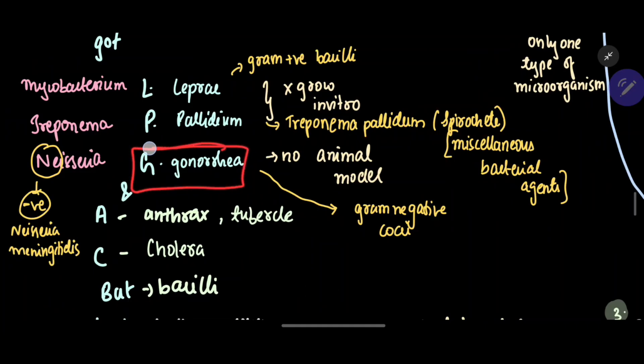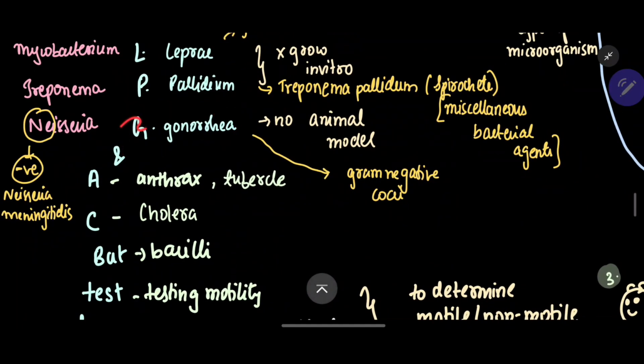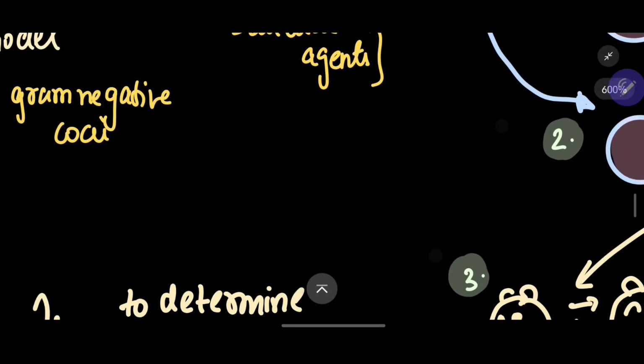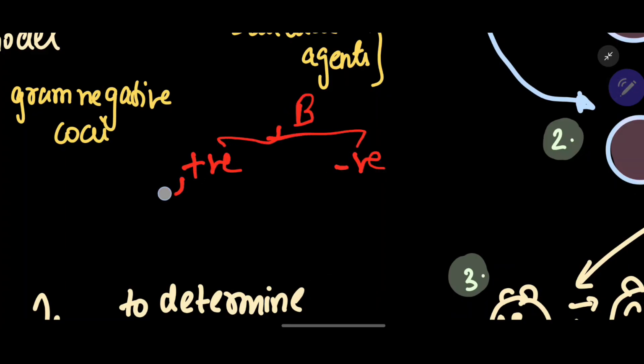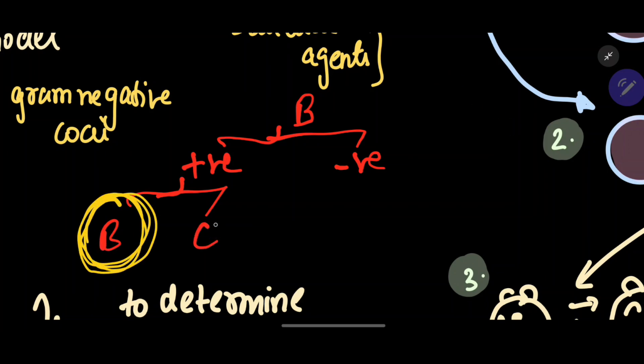Next one is gonorrhea. Okay, so Neisseria gonorrhoeae. Now, again, I'll go back to when I was talking about bacteria being positive, negative, and then bacilli, cocci. This we are done, right? This we know is A, B, C, D, L, M, N, and whoever has coccus in its name comes under this.